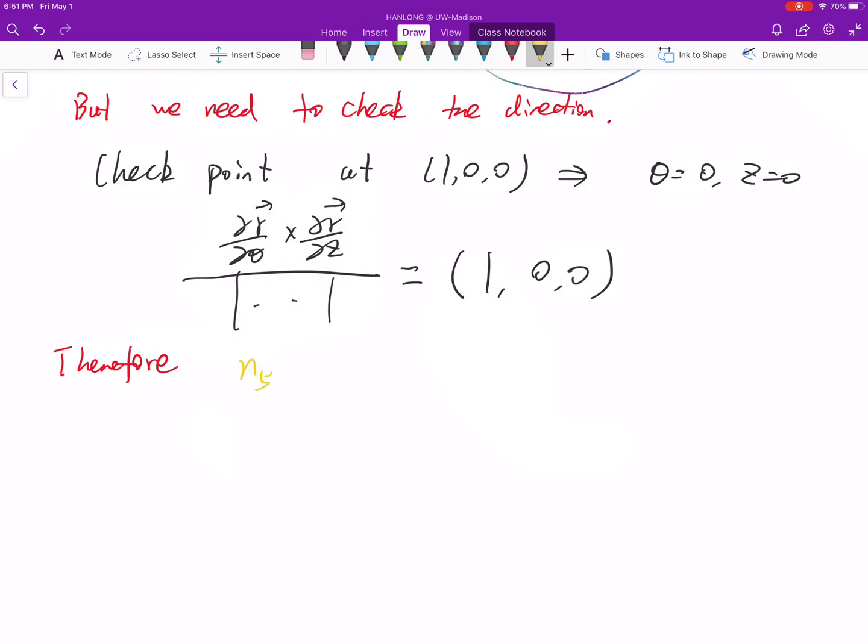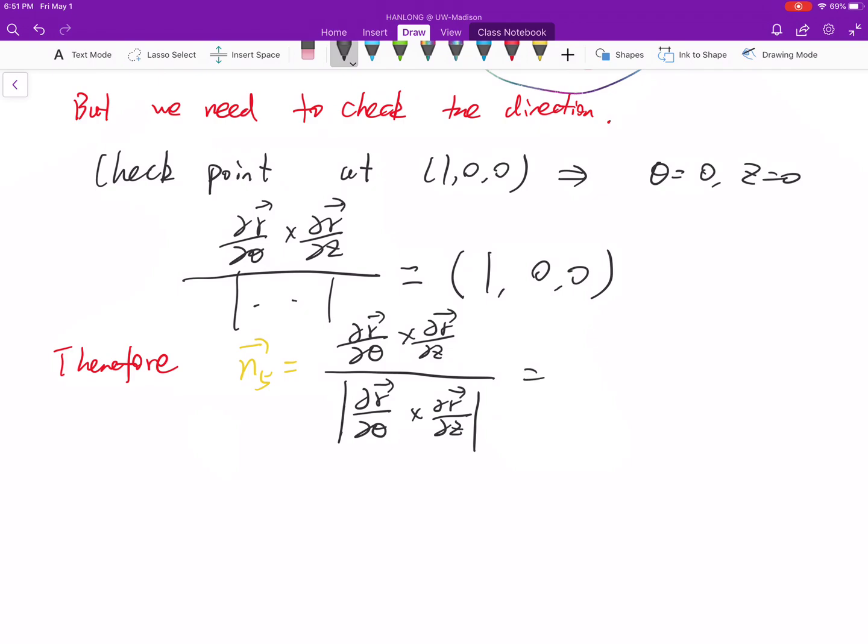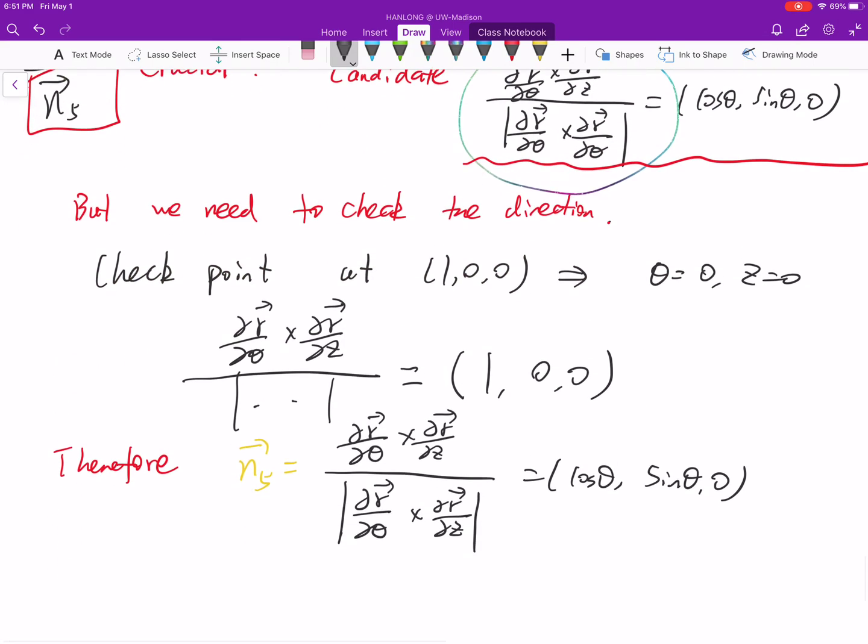n phi is given by the one you derived from the parameterization. So we spend a lot of time to check the sign.